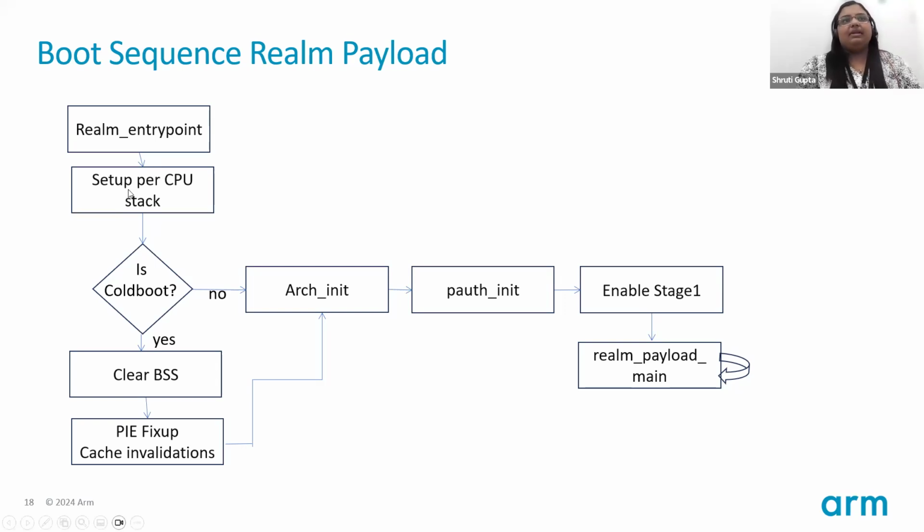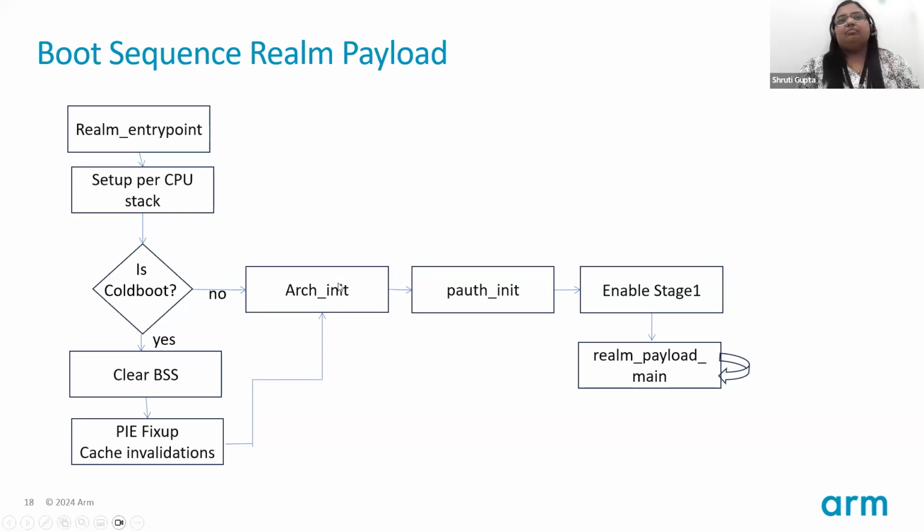For the primary rec, the MPIDR is 0, and for the rest of the recs, it is incremented sequentially. If it is a cold boot, then we do the cold boot things. We clear the BSS. The realm binary is position independent, so we have to do PI fixup. We do cache invalidations, and we jump to the warm boot path after that.